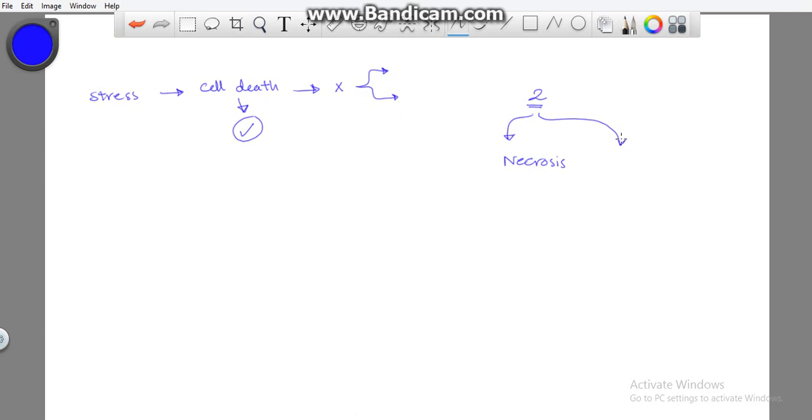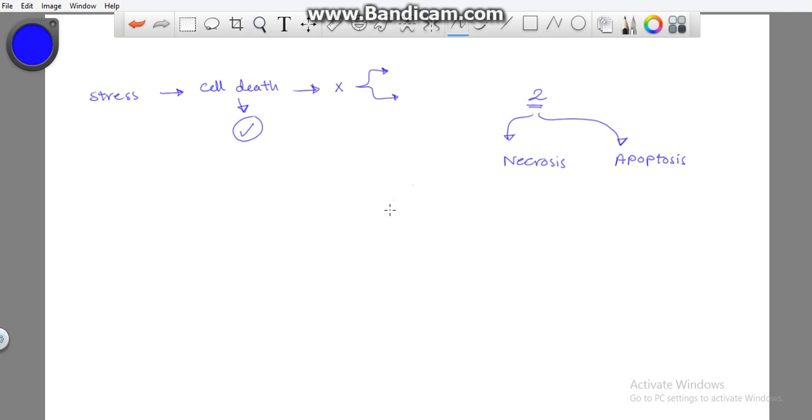And the second being apoptosis, which means basically cellular suicide. The difference is that necrosis is always pathological. However, apoptosis is mostly physiological. It happens within the body all the time.